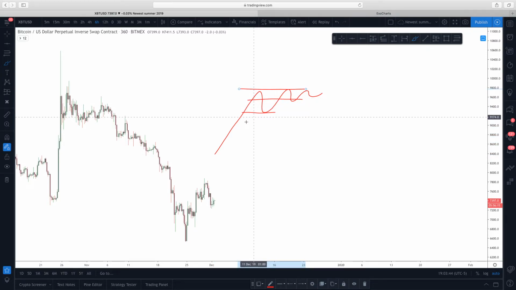You've gone from spending time in between this range to spending a majority of the time upward. At this point, at least you know that the trend is upward, and you could define your risk as this low. Because if you're buying into this with anticipation of moving upward, you don't want price to come down here. You want to be out at that point, so you define your risk at that point.